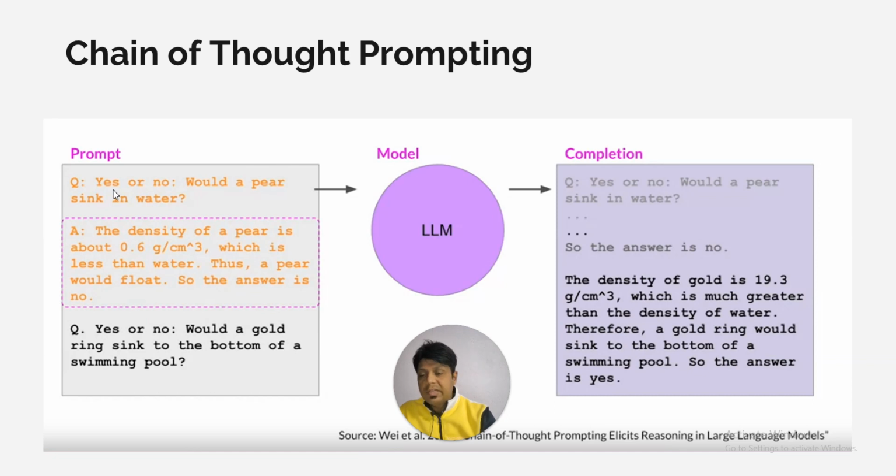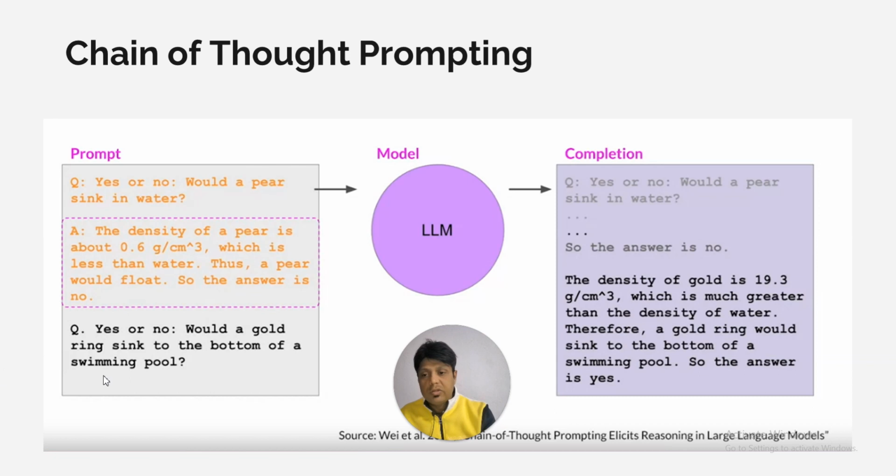Now let's understand with another example. Yes or no, would a pear sink in water? The density of a pear is about this much, which is less than water, thus a pear would float. So the answer is no. It's not that you have just given the answer, no. In fact, you have given the reasoning: this is why a pear will not sink in water. This is how you think, and this is the logic behind it.